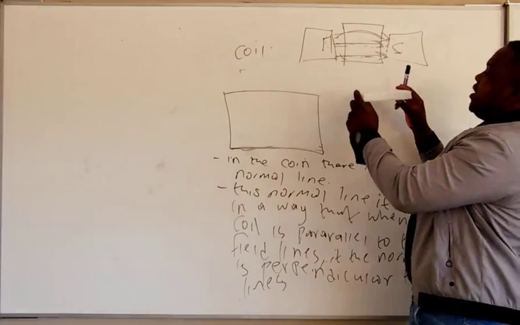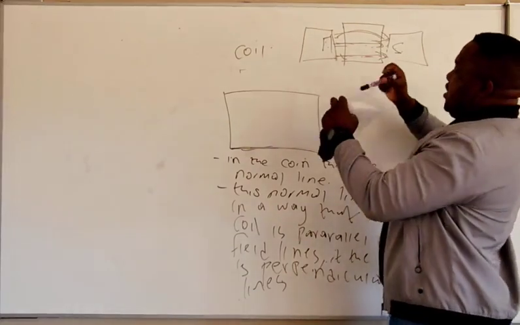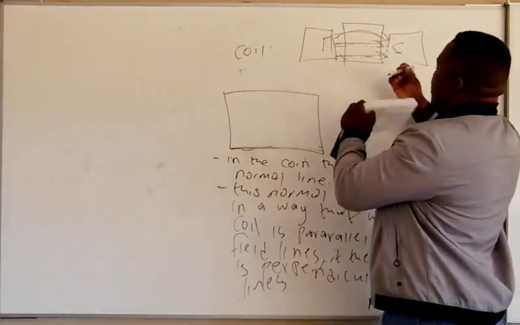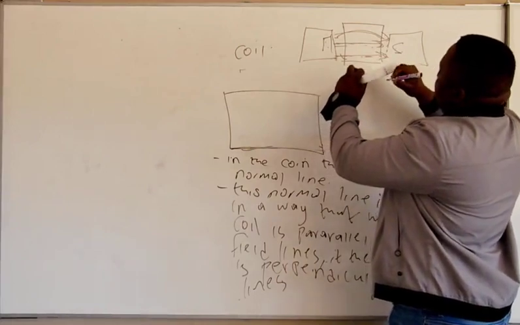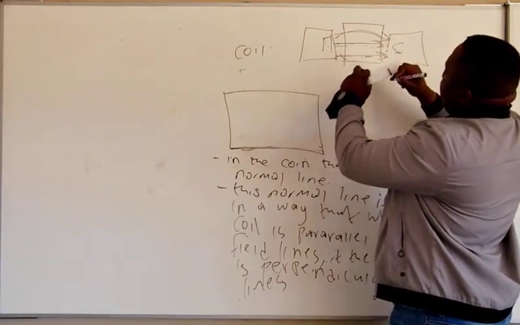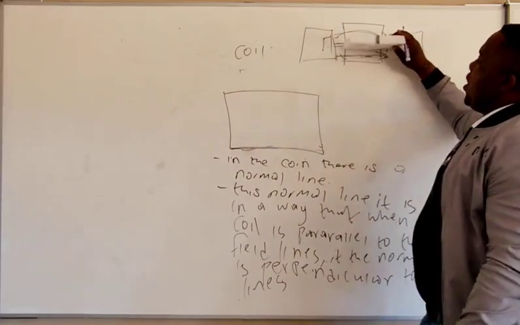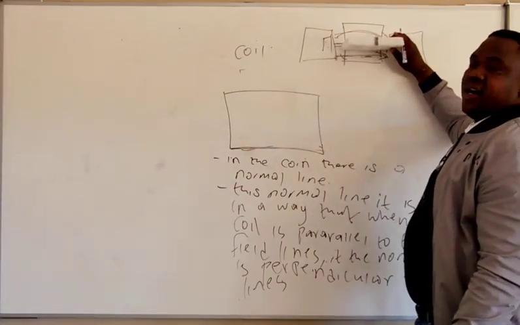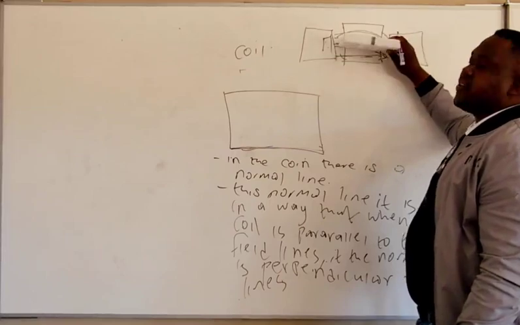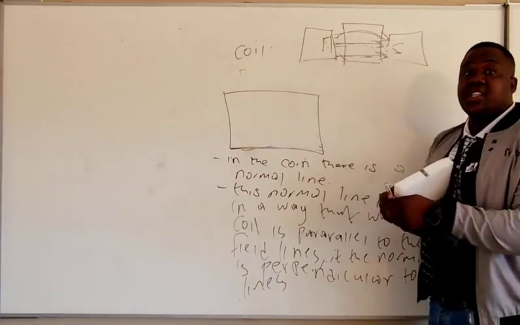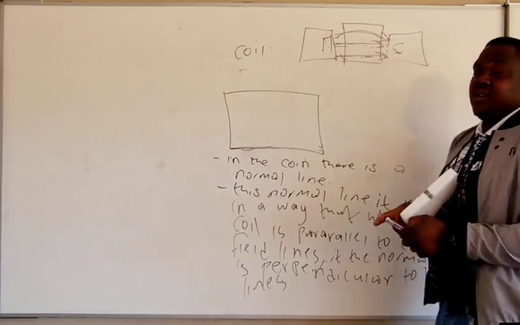Let me put it like this. Let's say the normal line is like this. Let me just draw a line here. The normal line can be represented by this line. You see this line? Although it will be difficult to demonstrate, you will understand through the words.